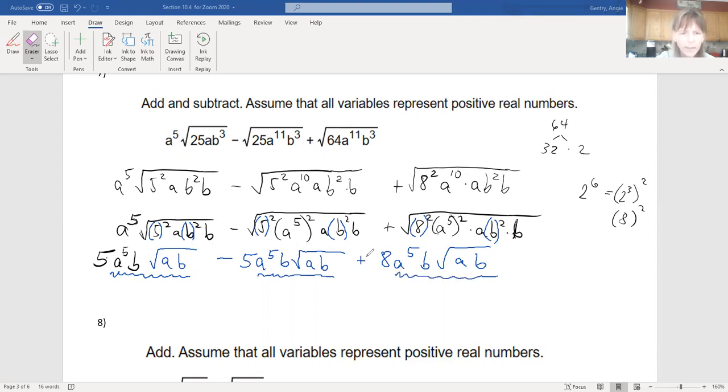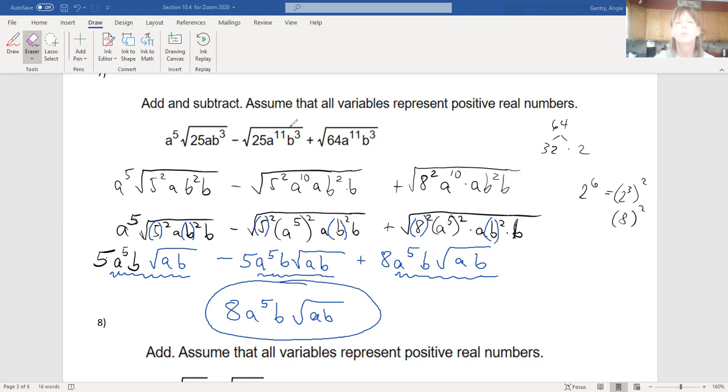But do we see how those are like terms? So you have 5 tomatoes minus 5 tomatoes is 0 tomatoes plus 8 tomatoes is 8 tomatoes. The reason this one is interesting is that you would think, hey, why can't I just do that in the beginning? But the way they're written, they are not like terms.